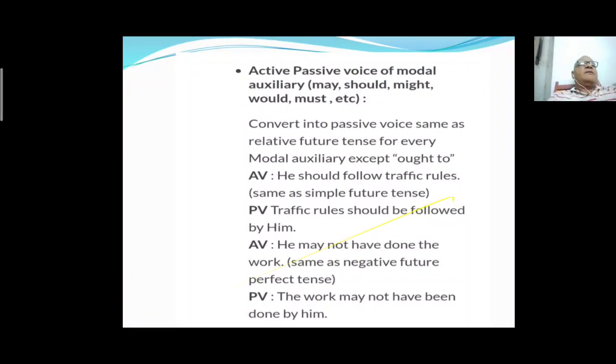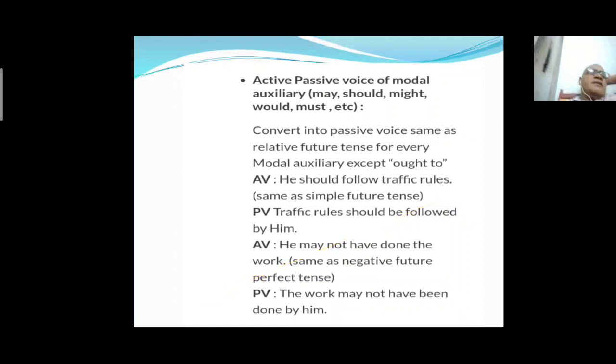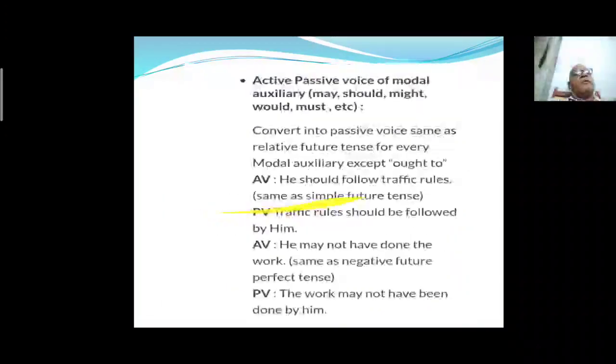Here, sometimes in active voice and passive voice we are also using modals in active voice, like may, should, might, would, must, etc. In such cases, if we have those modals, how do we change those sentences into passive voice? We see 2-3 examples given here.